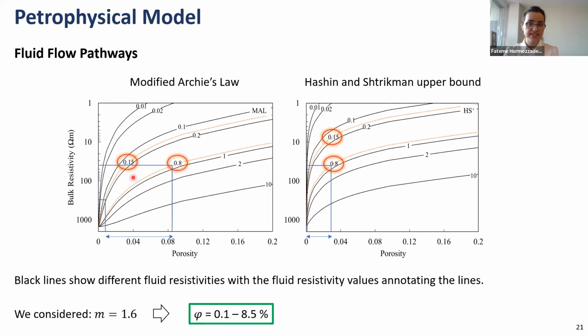As we saw in previous slides, fluid resistivity calculation for the area showed a range of 0.15 to 0.8 ohm meter for borehole samples at the reservoir temperature.